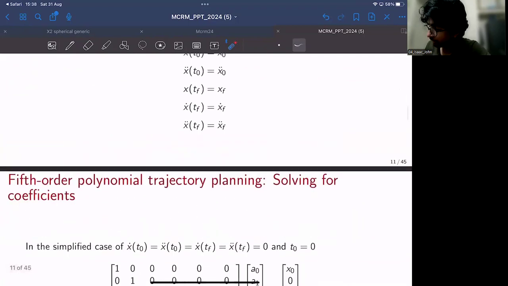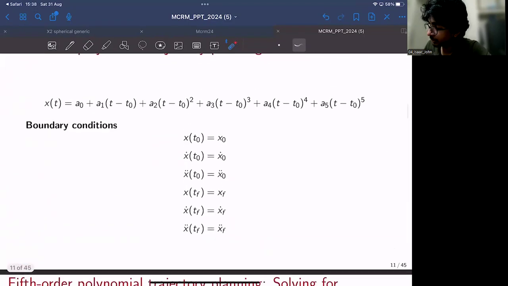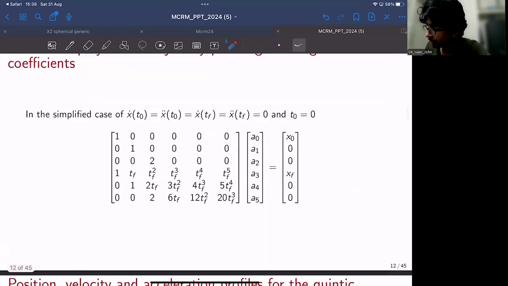If you substitute these values and the corresponding time into this equation, plus its derivative for velocities and its further derivative for accelerations, you will get 6 equations. So it's a 6 by 6 matrix. To find these unknowns, you will have to invert this matrix and multiply with these boundary conditions.